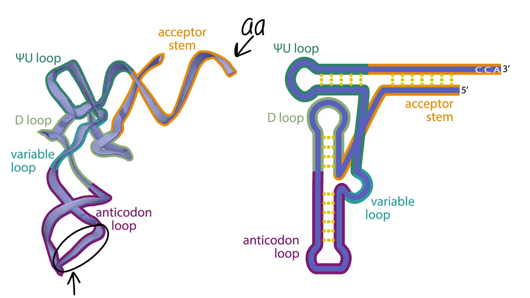That's going to become very important because this part reaches into one part of the ribosome that decodes the message, and this part reaches into an entirely separate part. This is in the small subunit. This part that it reaches to is in the large subunit where peptide synthesis occurs.